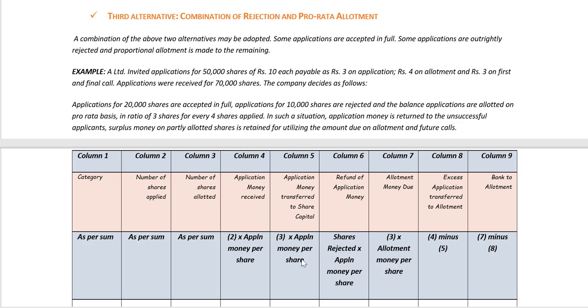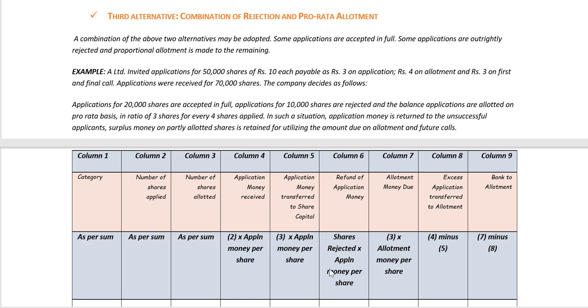Column 6 is refund of application money. If for any of the categories mentioned, we have a number in column 2 against which it is nil or 0 in column 3, that is no shares are allotted for a certain number of shares applied, in other words rejection of shares happens, then that particular category will have an amount under column 6 for refund of application money.